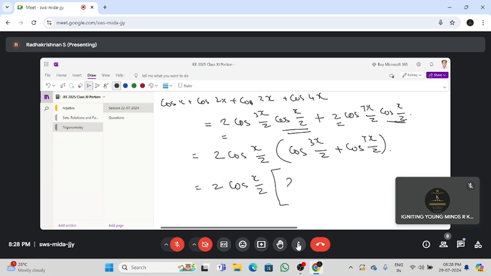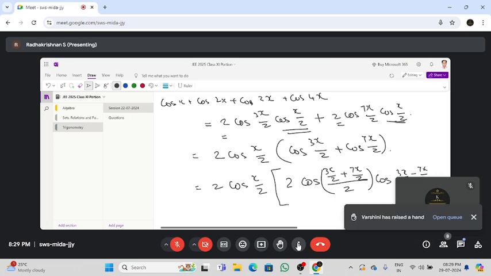This is again 2 cos a plus b by 2. This is what you did, right? A equal to 3x by 2, B equal to 7x by 2.